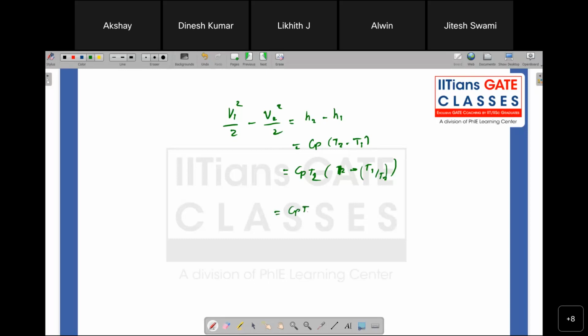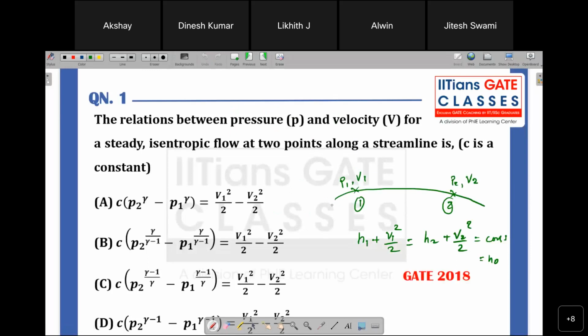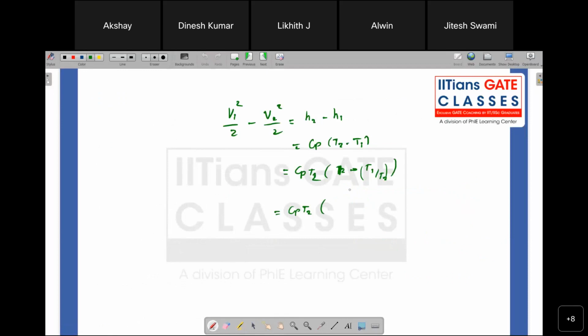All the options available are relating pressure and velocity. So somehow I have to bring it into a form where the relation looks like a pressure and velocity relation. That's what I am trying to do here. So this T1 by T2 I am writing as P1 by P2 to the power of gamma minus 1 by gamma, right?